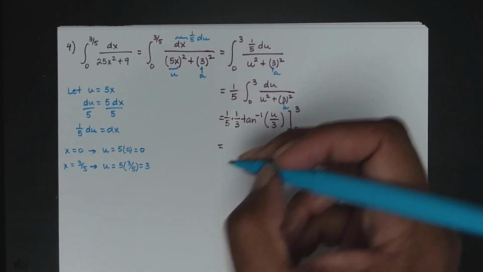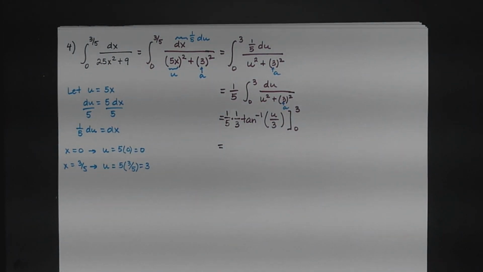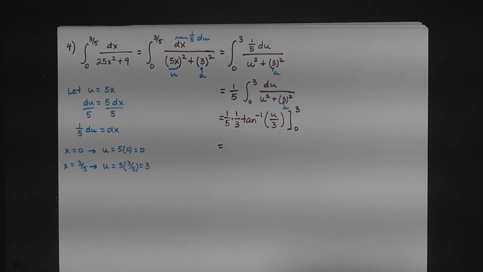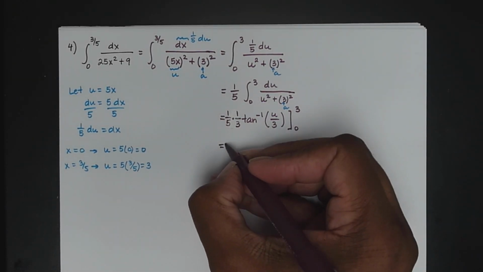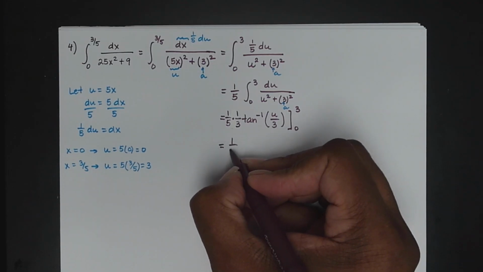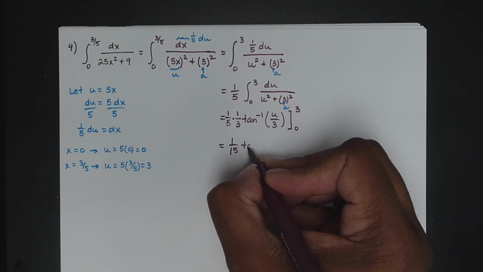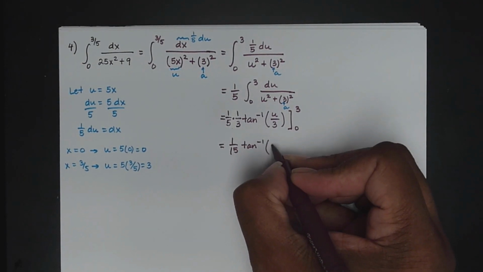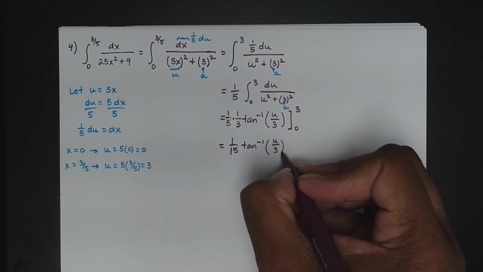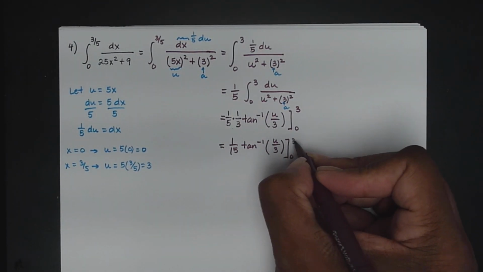And I got the 1/5 on the outside of the integral sign. That has to be included as well. Well, if I multiply 1/5 times 1/3, this will be, in this case, 1 over 15 times the inverse tangent of u over 3 from 0 to 3.